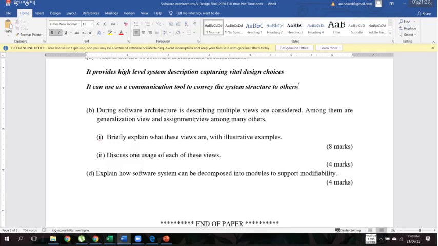Just convey your idea in very brief, simple terms. For example, for generalization, you can explain the idea within 2 or 3 sentences. You don't need to write paragraphs. Not needed. Just present the idea of the assignment view roughly and simply.